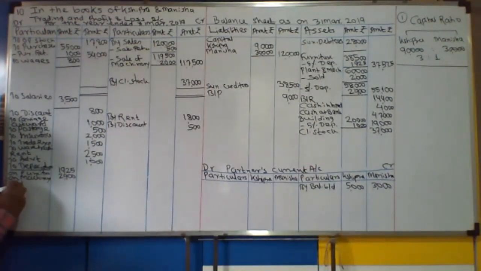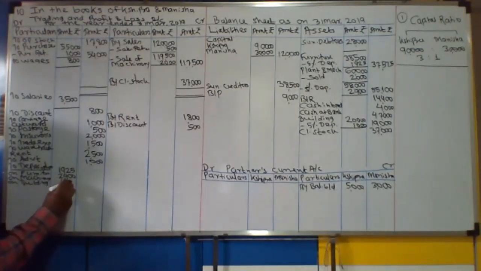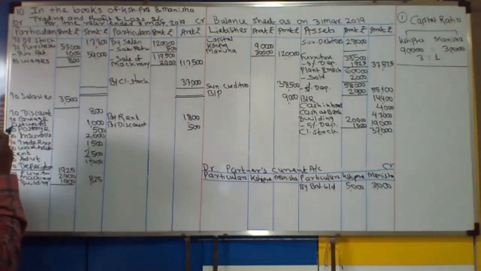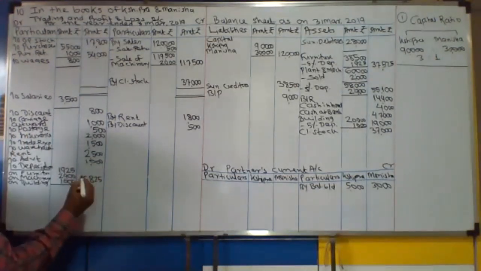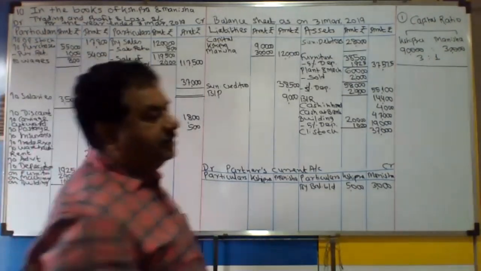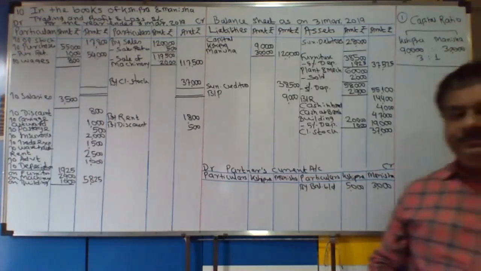I'm writing in the inner column and then I will write total in the outer column. म्हणजे मी सगळं inner column मध्ये लिहितोय आणि नंतर आपण total outer column मध्ये घेऊन टाकूया. Total depreciation is 5,825 rupees.